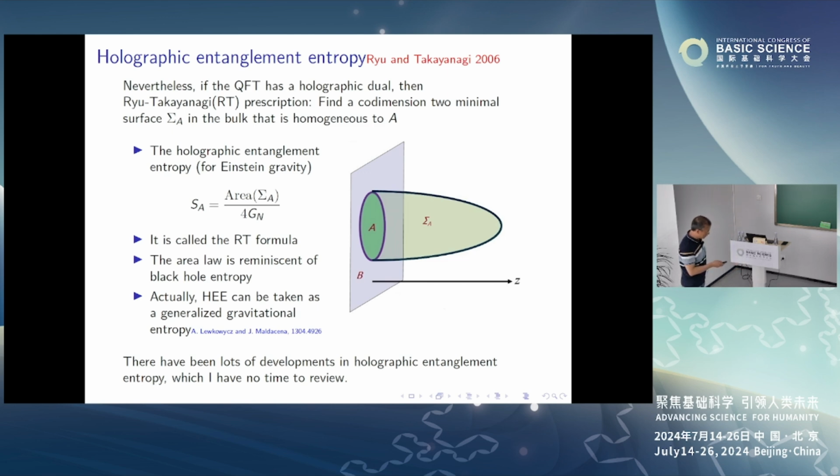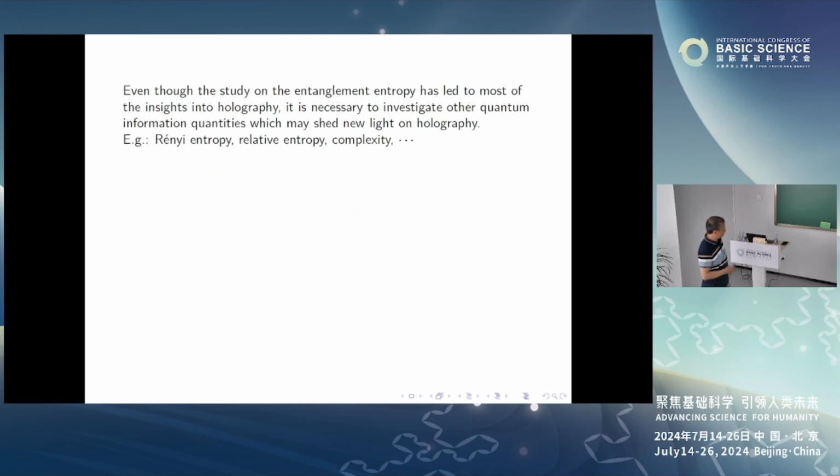So today, my topic is not to focus on the holographic entanglement entropy, even though it's closely related to it. As I mentioned, even though the study of the entanglement entropy has led to many insights into holography, it's necessary to investigate other quantum information quantities, which may shed new light on holography.